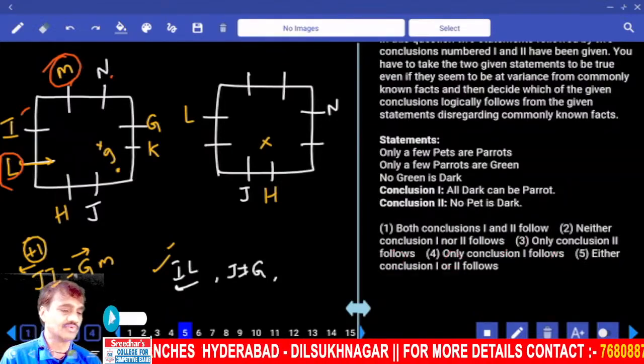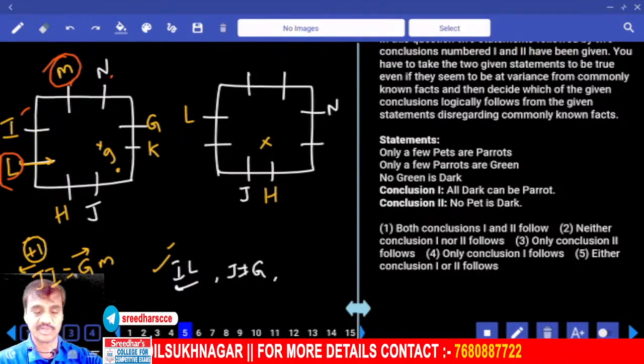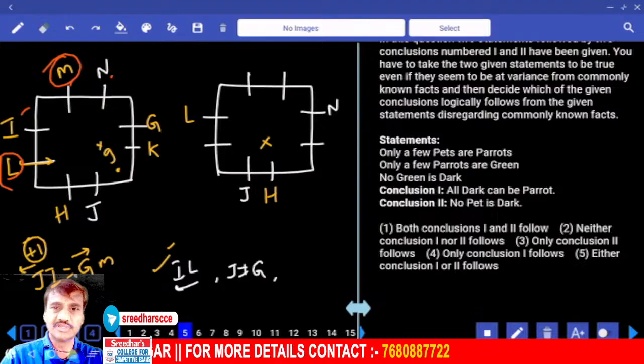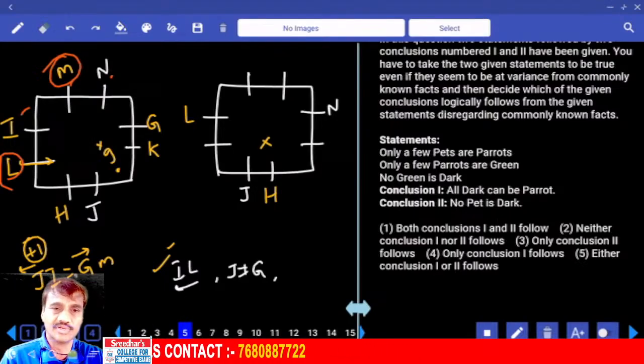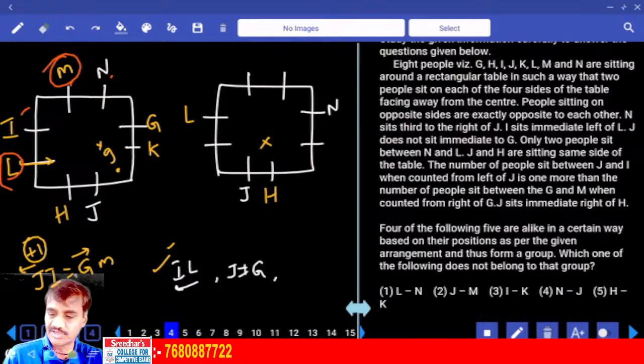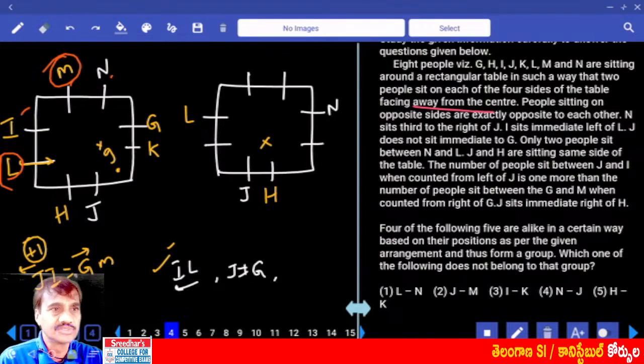Question number 5 onwards comes under first priority syllogisms. Now if you observe questions 1 to 4, how have we done them? Though it is clearly given that all the persons are facing away from the center, here we have worked out towards the center. Is there any difference in the choices?